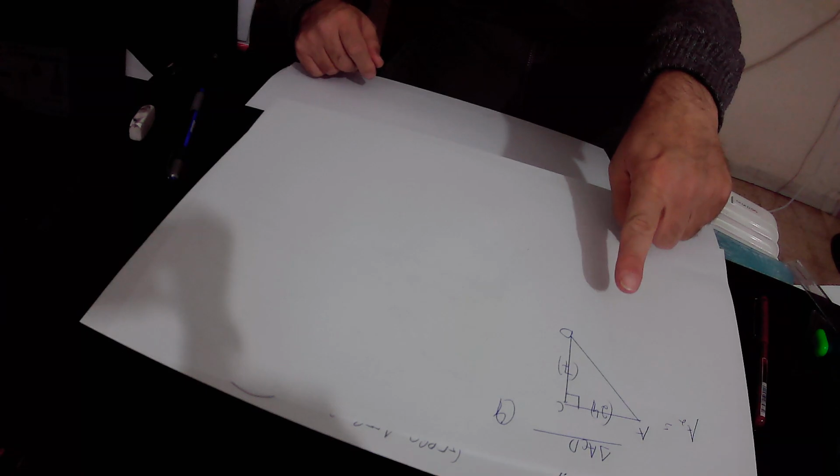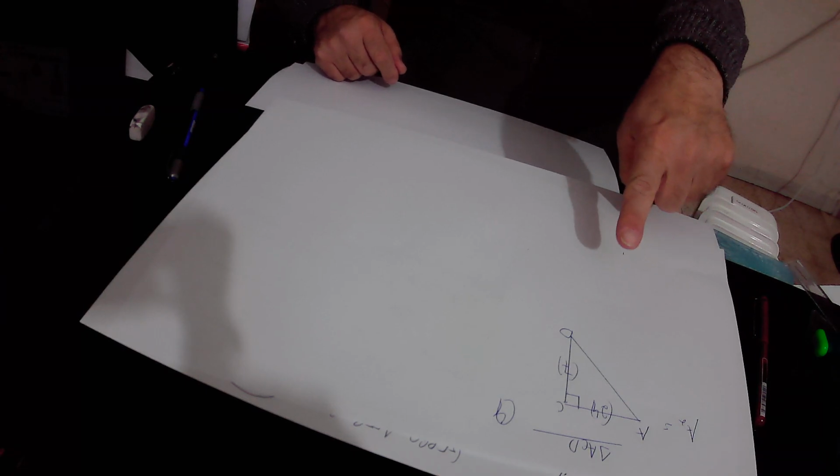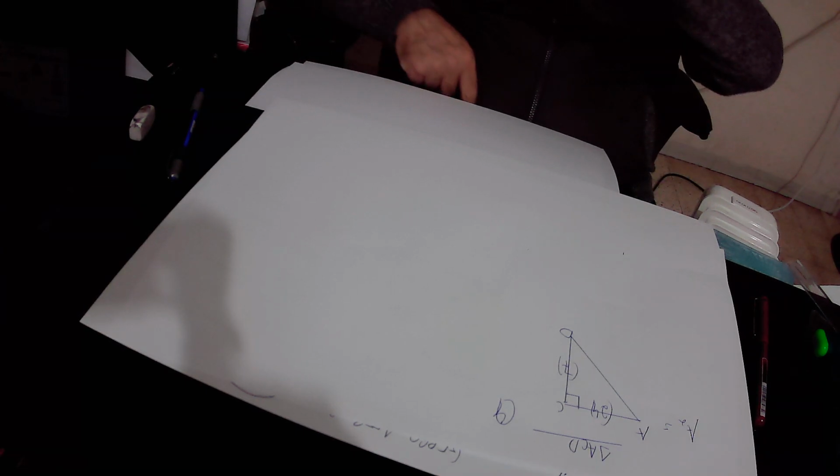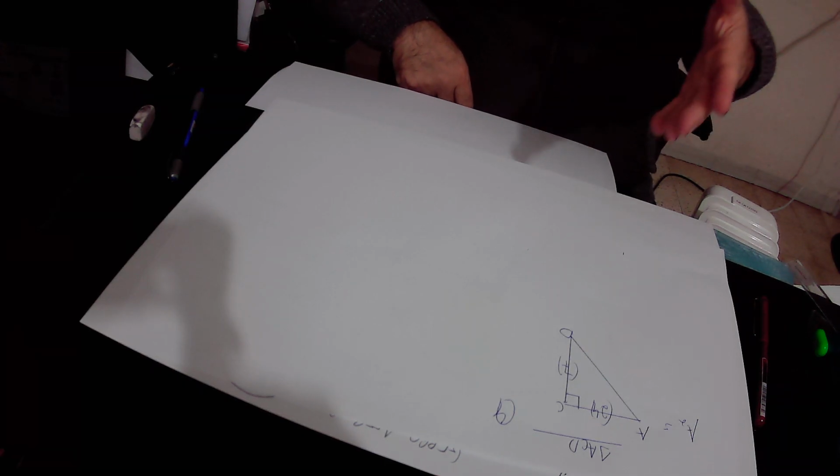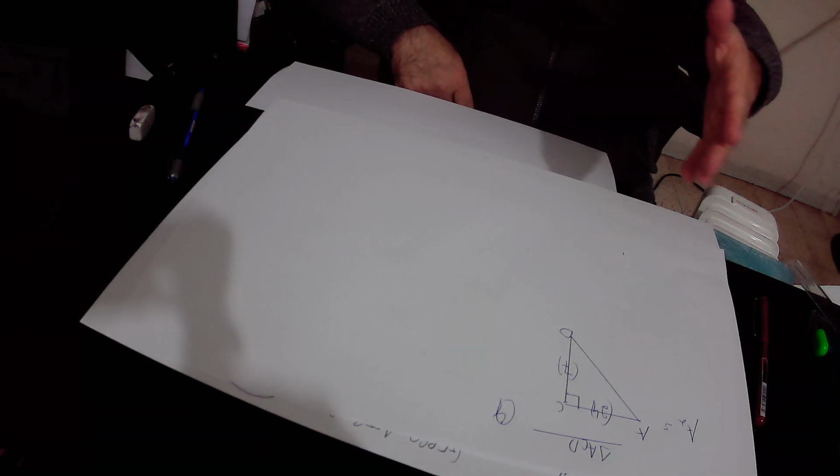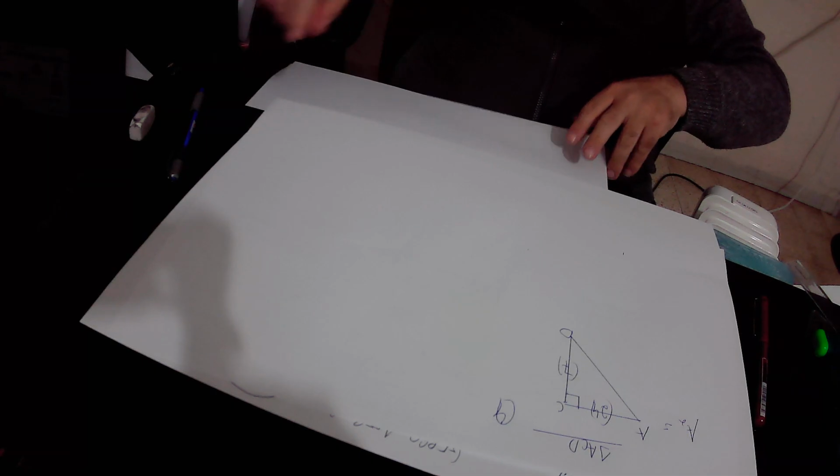So this is the green right triangle ACD that I copied from the original drawing, and the area of this right triangle is the value of A2.